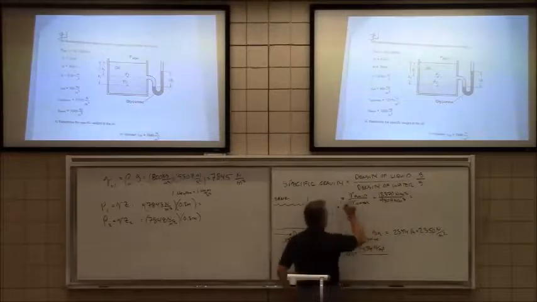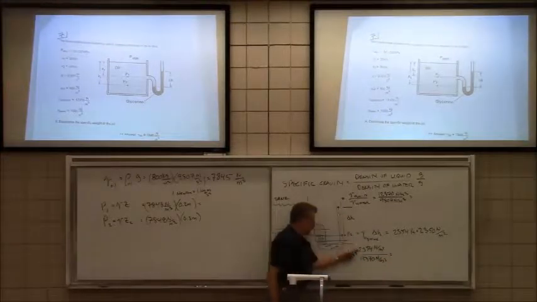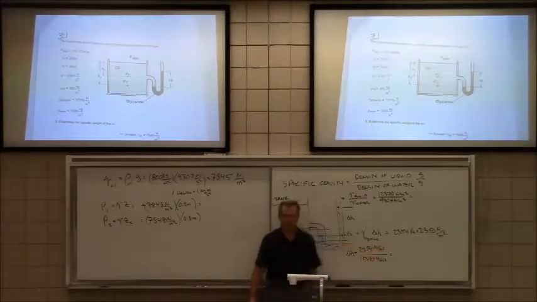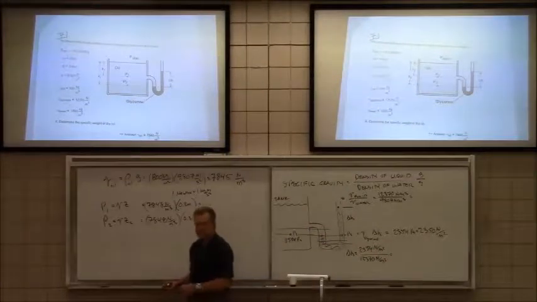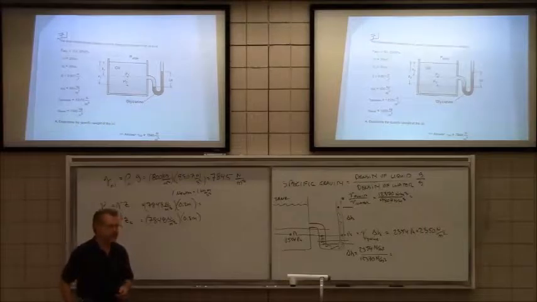I'm going to divide by the specific weight of the glycerin, which is 12,370 newtons per meter cubed. You can see that what I'm left with is units of meters. Yep, good. Thanks for catching that.